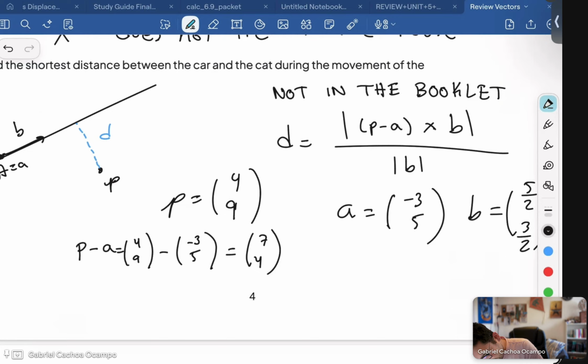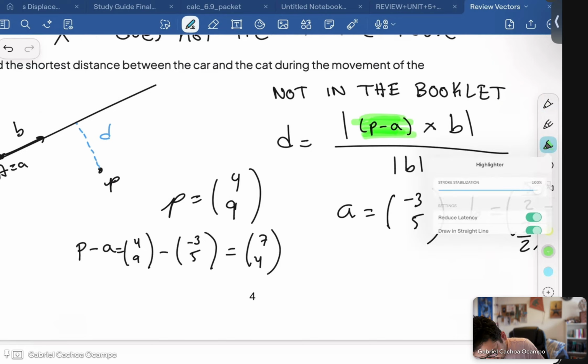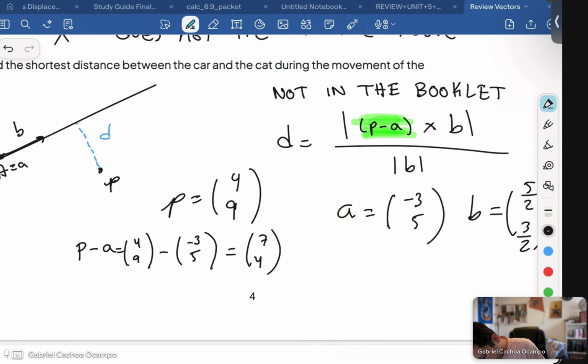Okay, so you already have this part. Now I want to do that part cross B. So you need to do the vector product of that cross B, which is 5 over 2, 3 over 2. To do a cross product, o sea, there is a formula, and the formula is in the booklet.